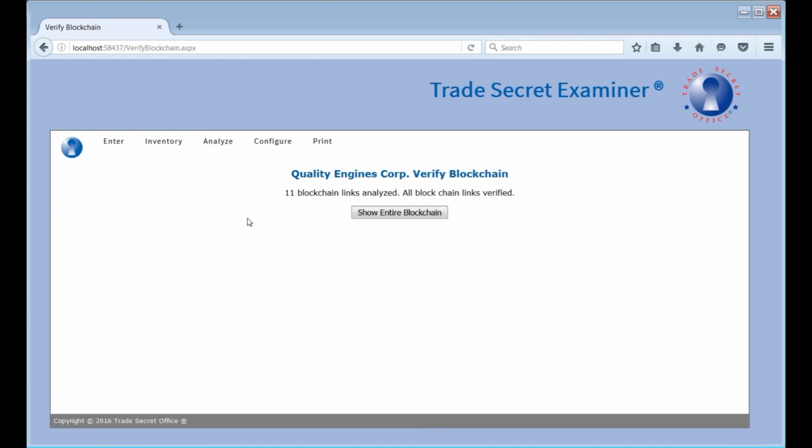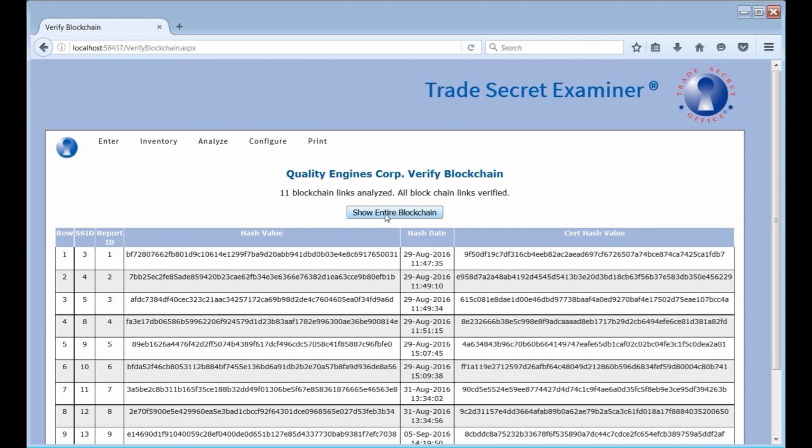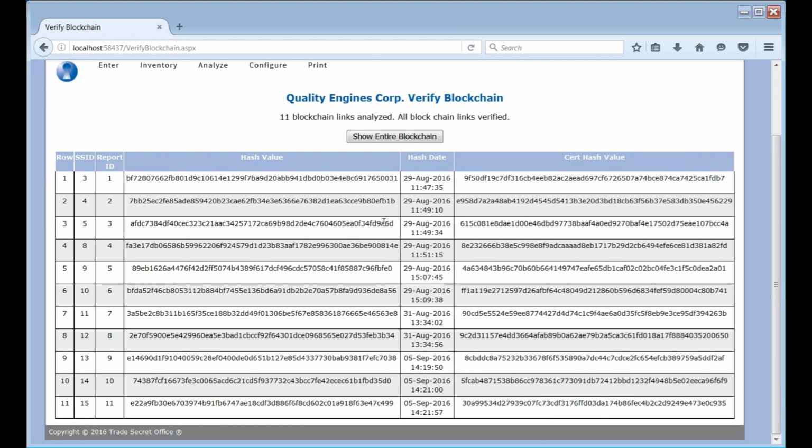So let's look at the blockchain and show the entire blockchain. Every time a report is created, we create a hash code for the report. It's a one-way mathematical function, and it's unique. For any file we create, it's unique, and that's because the number is very big.